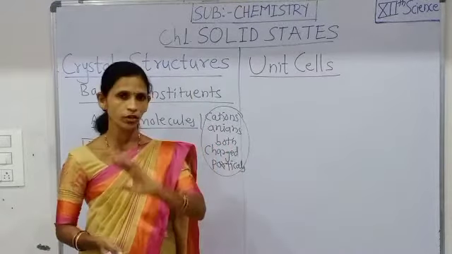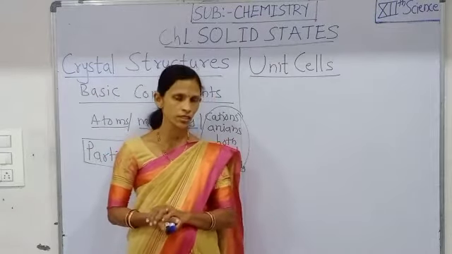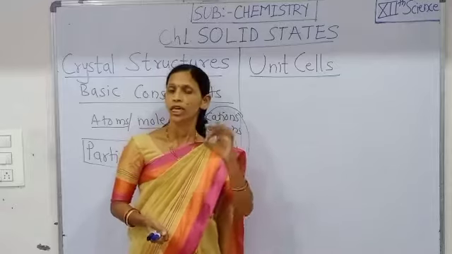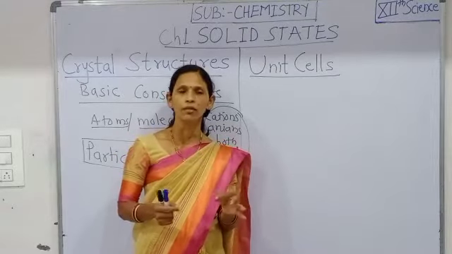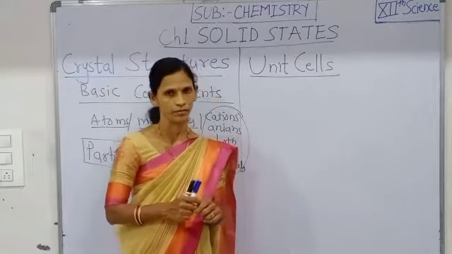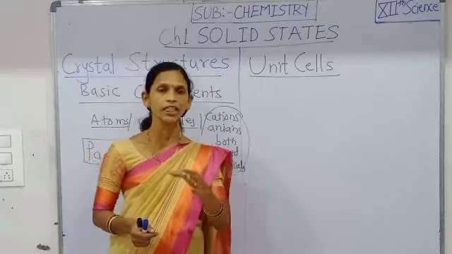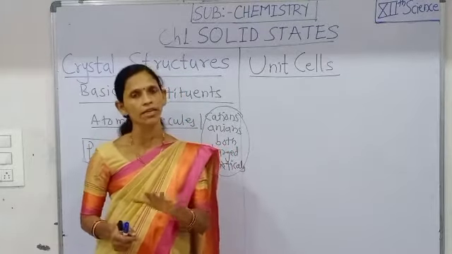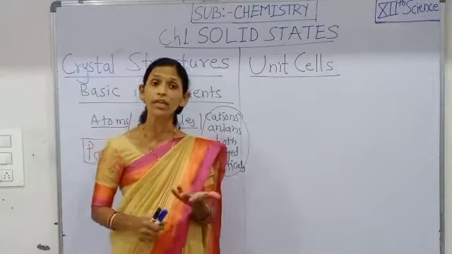You have studied that crystalline substances are those in which there is a particular, regular arrangement of the particles. That means there is orderliness in the arrangement of those particles in the crystal structure.